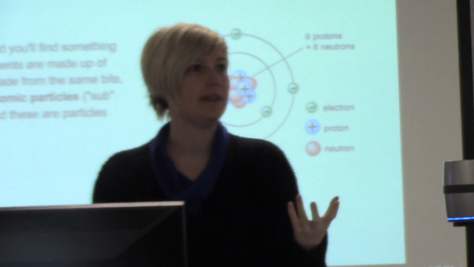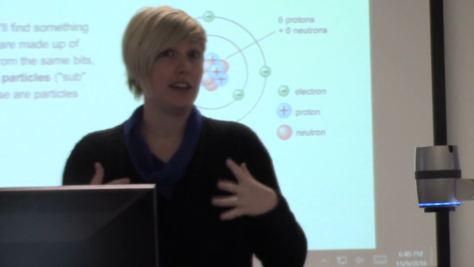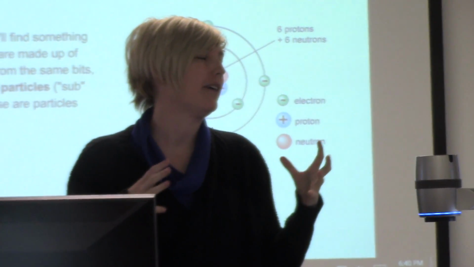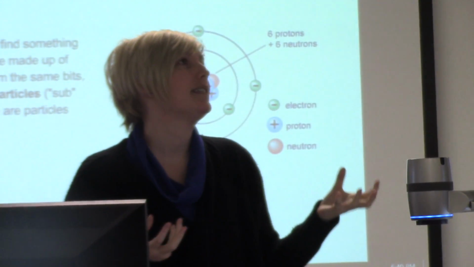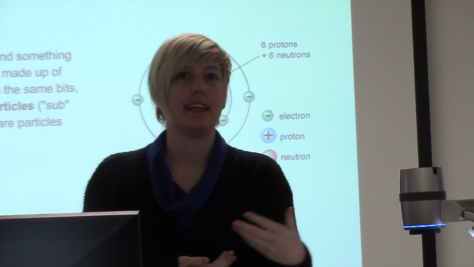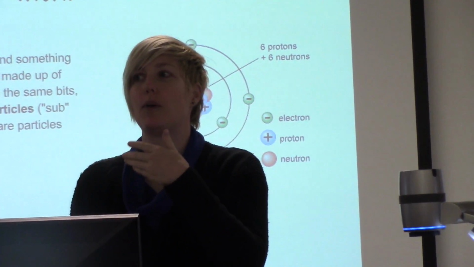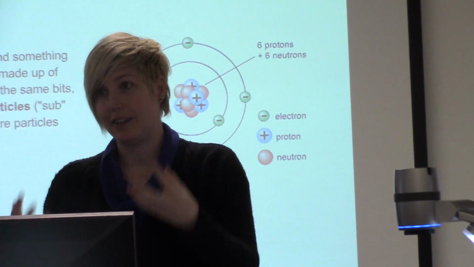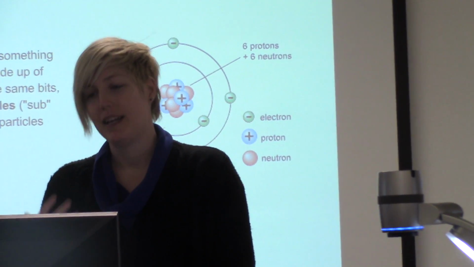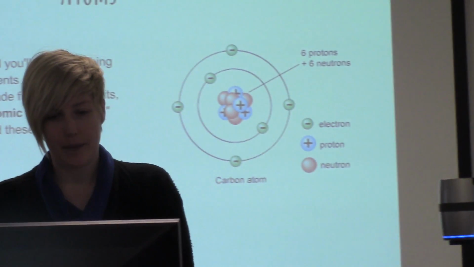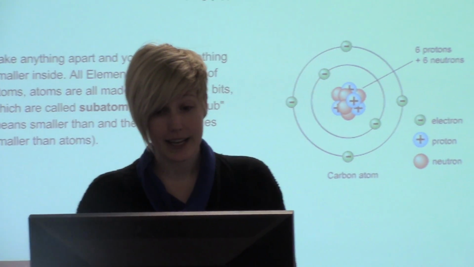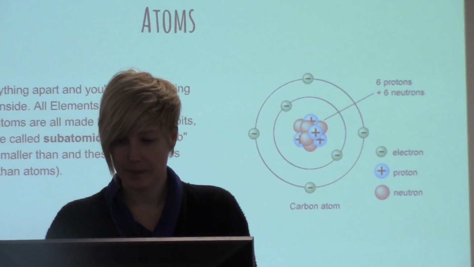If you take apart anything, it can just get smaller and smaller, right? Given our limits of detection, we label something an atom, and then when we become more proficient, we find that there are smaller things in them, so then we name those. We'll call them subatomic particles. Sub means smaller than, and that's what these particles are.